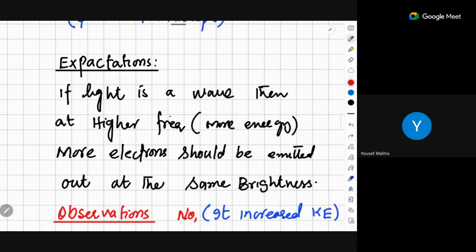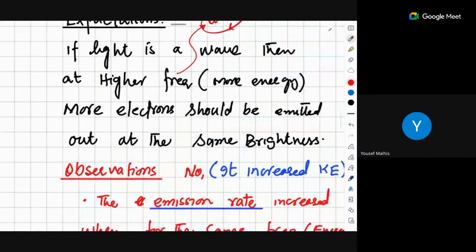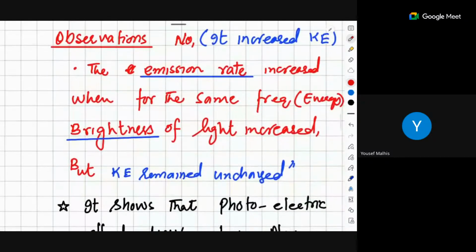I wanted to make everything clear, but sometimes we have a race with time. Frequency means color. If you use different colors of light, at the same brightness, meaning intensity, you have kept them all at equal distance. This was the expectation, that at higher frequencies more electrons would be emitted, but at lower frequencies less. But it did not happen.